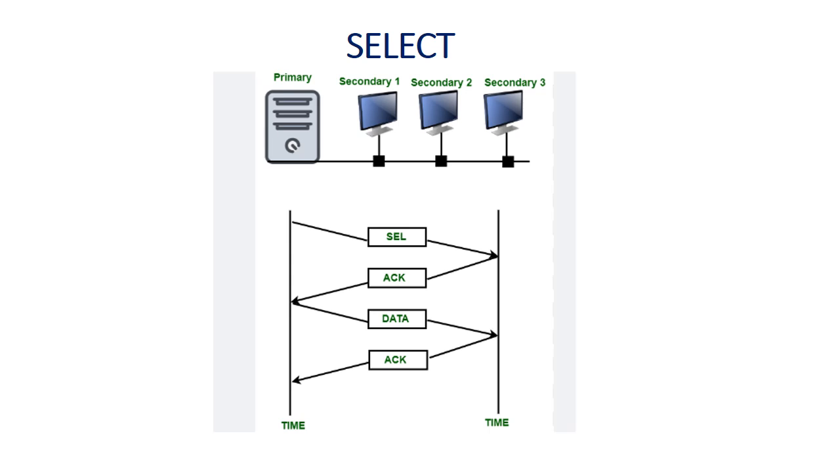For example, the primary wants a connection with secondary device number 3. It will directly send an SEL, select frame, to secondary device number 3, and an acknowledgement will be received from the other end. Then the primary will start sending the data, and for each data frame, secondary device number 3 will send an acknowledgement. When the primary wants to terminate, it will terminate the connection with device number 3.